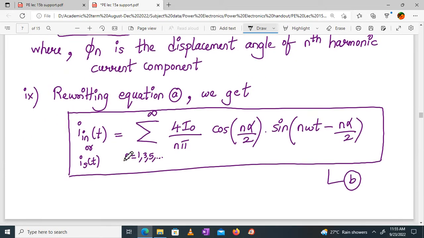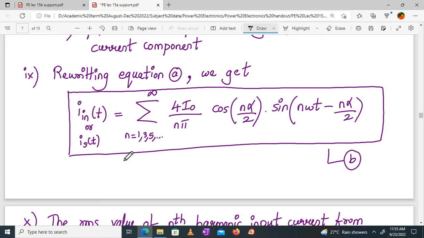Now rewrite the final expression. ये वापस लिखो. I in of t is equal to summation of n is equal to 1, 3, 5, only odd harmonics going till infinity. This is your value of Cn. ये Cn है.